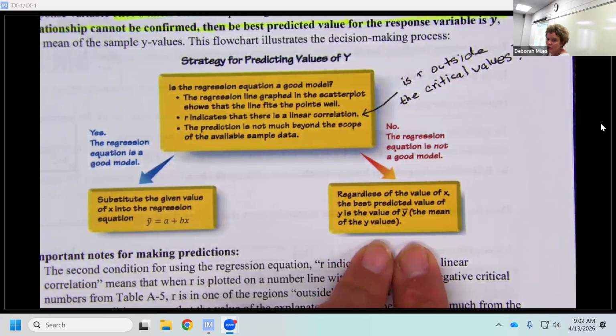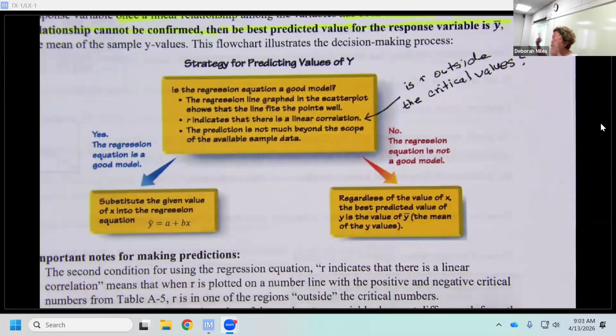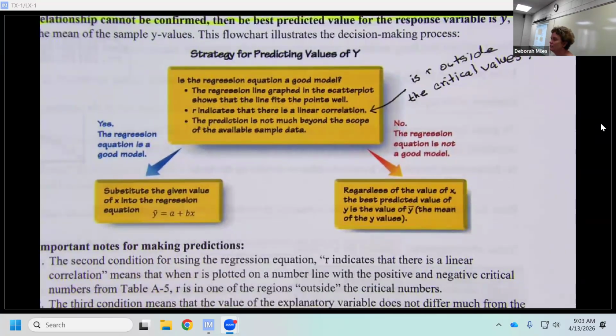Ms. Apple, what are we going to use when we cannot use the regression equation? The mean of the Y values. So we're always going to be using one of those two things, either the regression equation or the mean of the Y values. We just need to verify that there is a linear relation before we use the regression equation.